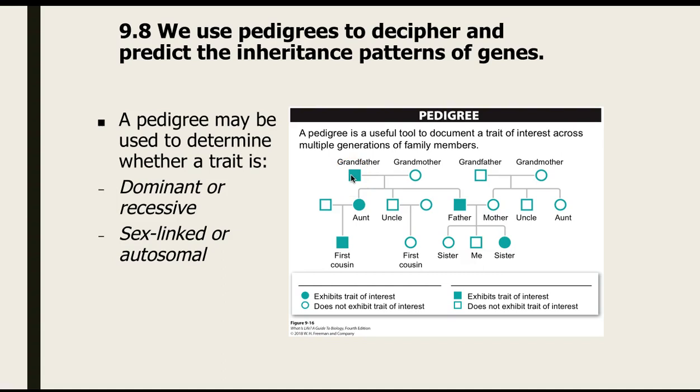And a pattern that really becomes obvious is that if the trait never skips a generation, then it cannot possibly be recessive. It has to be dominant. Dominant things, if you got it, you show it, right? So if it skips a generation, then it's recessive, or it could be recessive.